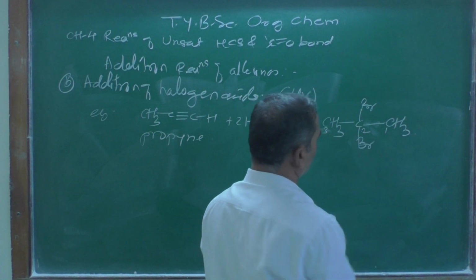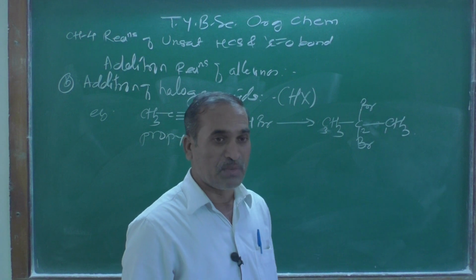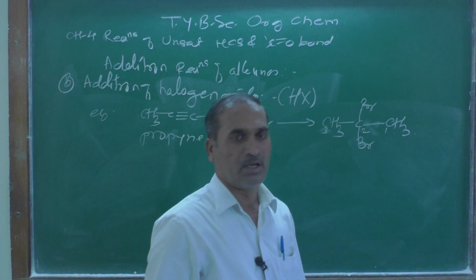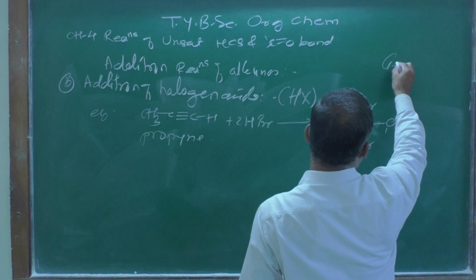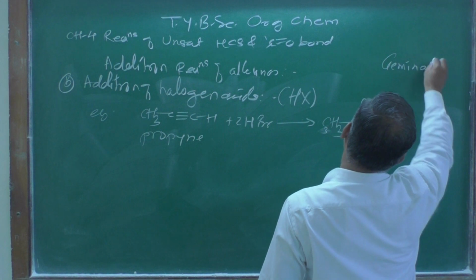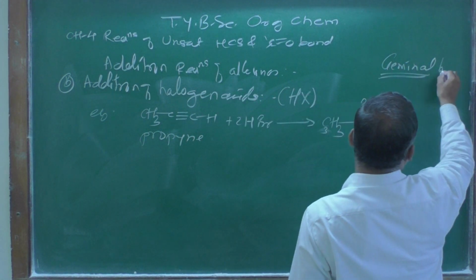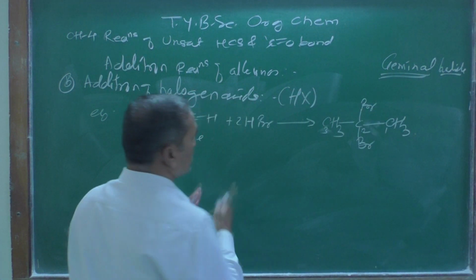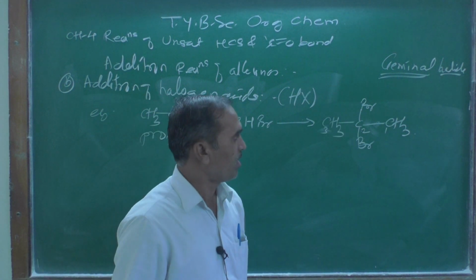Now at the 2 position, this type of position is called a geminal position. Both the halides are present on the same carbon atom. Geminal halide, you can call it, means both the halides are present on the same carbon atom, and that's why it is known as geminal halide.